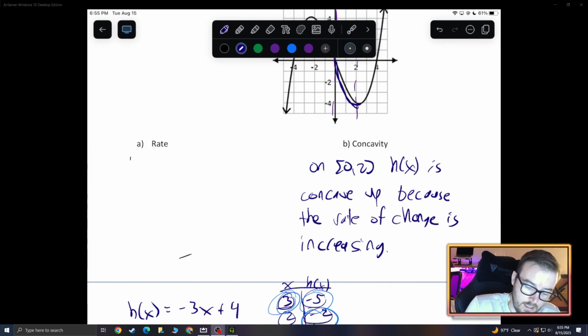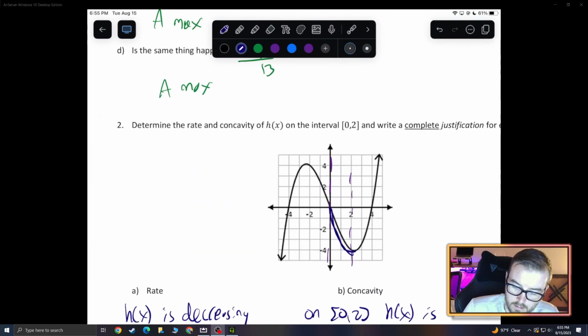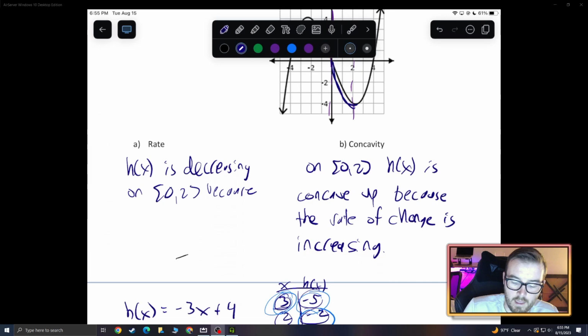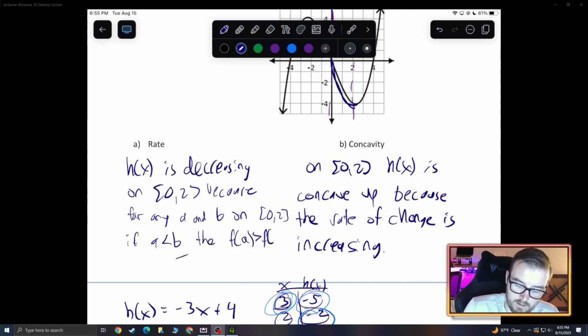So h of x is decreasing on 0 to 2 because, and let's see if I can remember the inequality, for any a and b on 0 to 2, if a is less than b, then f of a is greater than f of b.